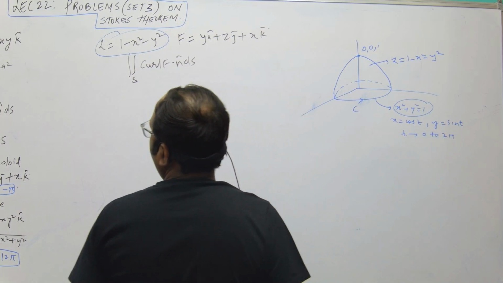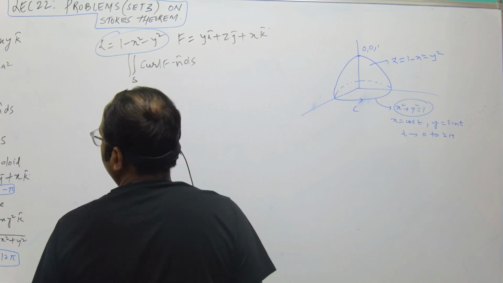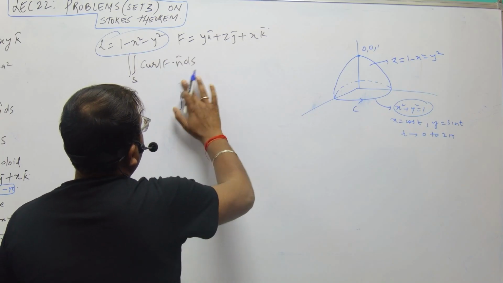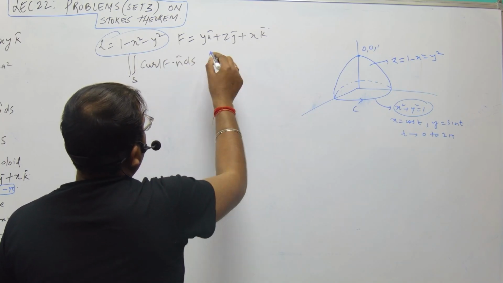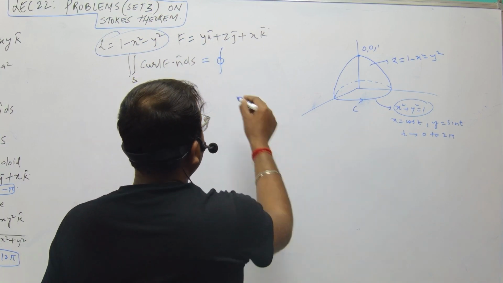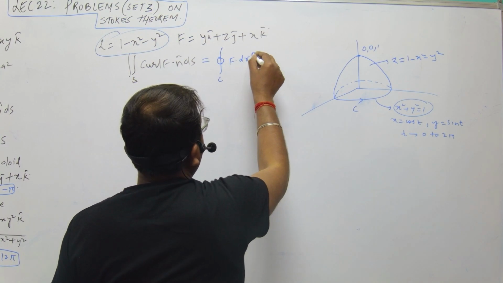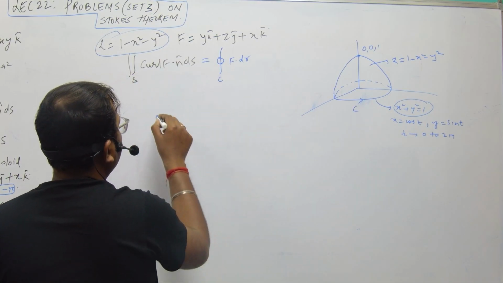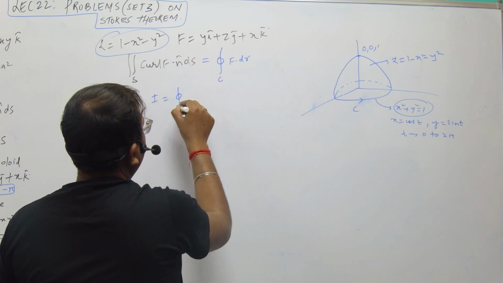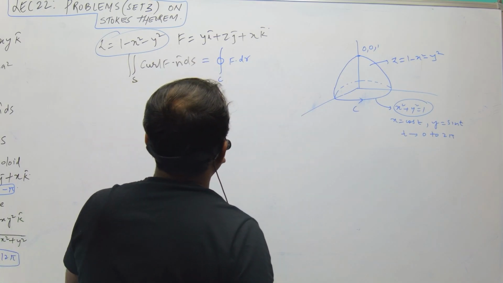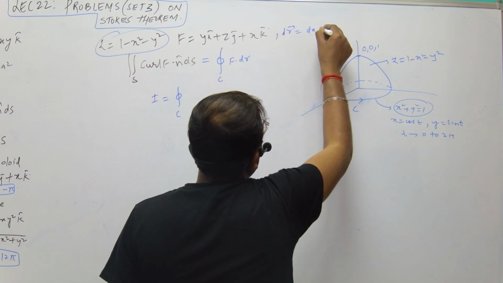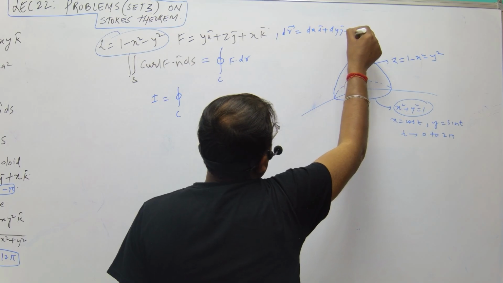Now let us evaluate the surface integral. From Stokes theorem, this is equal to the line integral along the curve C of F dot dr. So let us take this as I. I is equal to, along the curve C, F dot dr. The value of F is this one, and the vector dr is dx i cap plus dy j cap plus dz k cap.